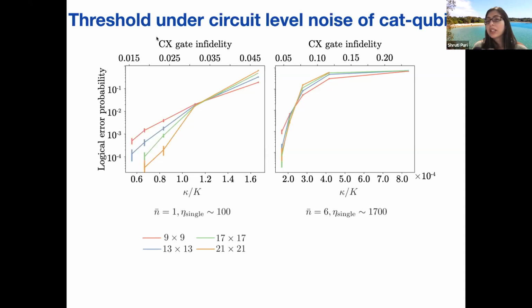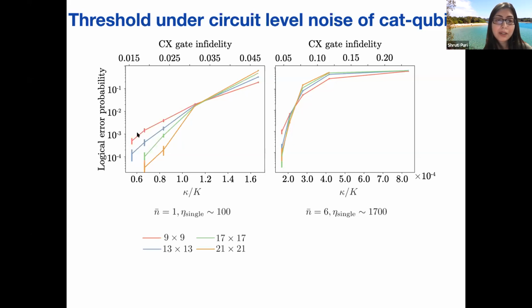And we simulate the different gates. We optimize the gates, and we simulate them. We simulate the CNOT gate, the C-phase gate, the measurements and preparations. And with the real master equation simulations, we extract the error channel and then plug that into Andrew's XZZX surface code, and we get these numbers.